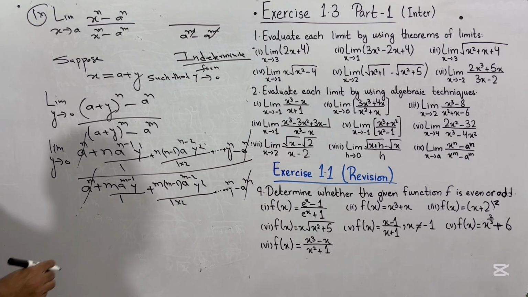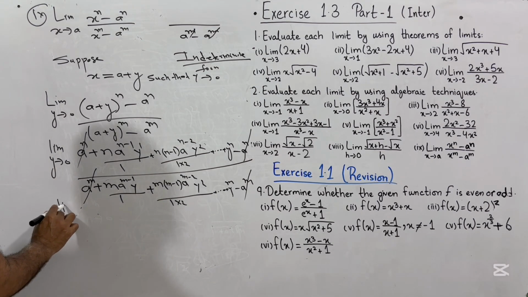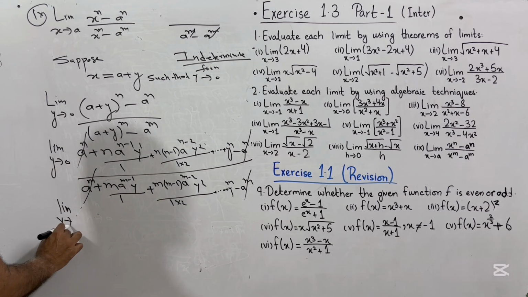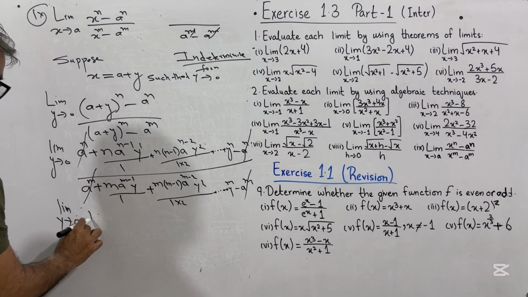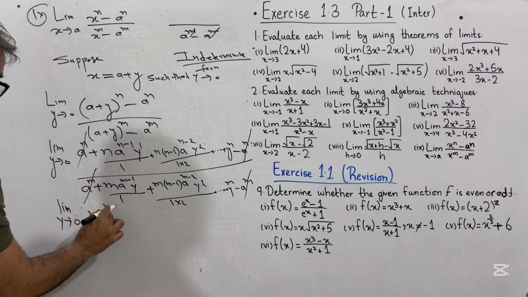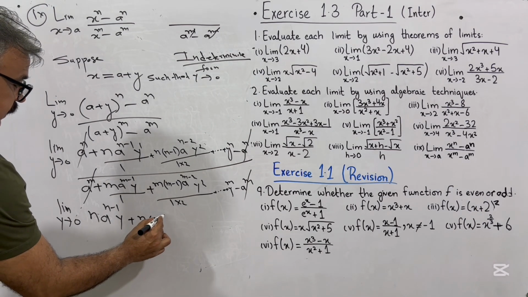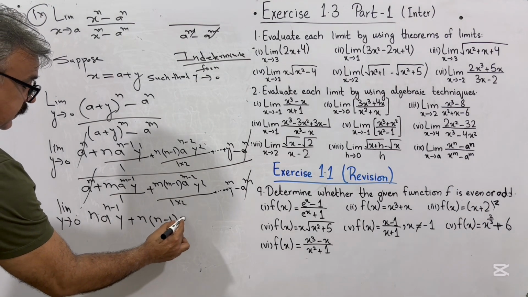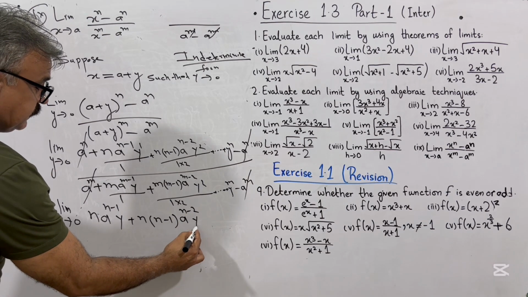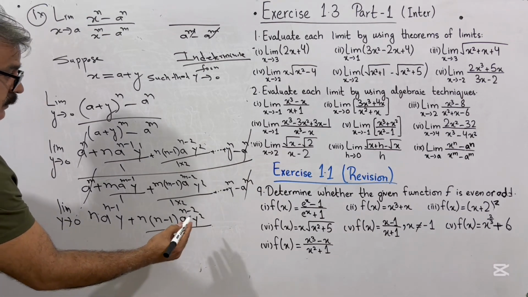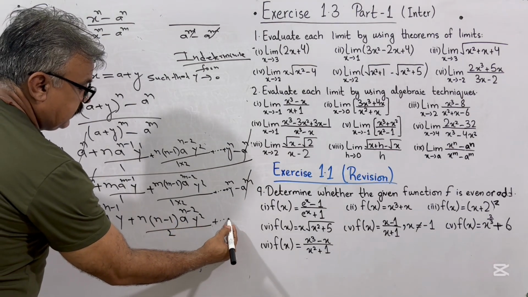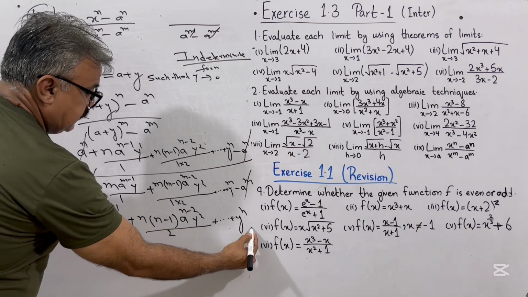Whatever we are left with: limit y tends to 0, n times a raised n minus 1 times y plus n times n minus 1 a raised n minus 2 y squared over 2, and so on up to y raised n.